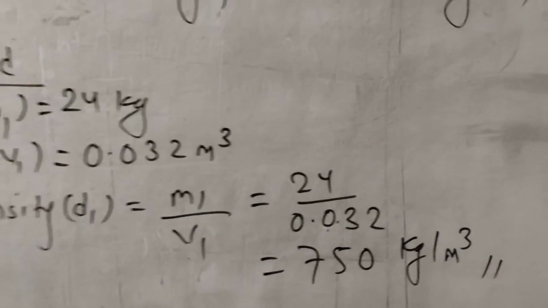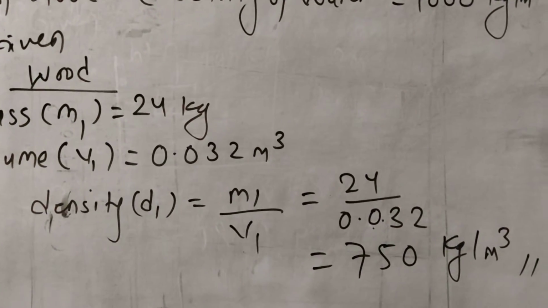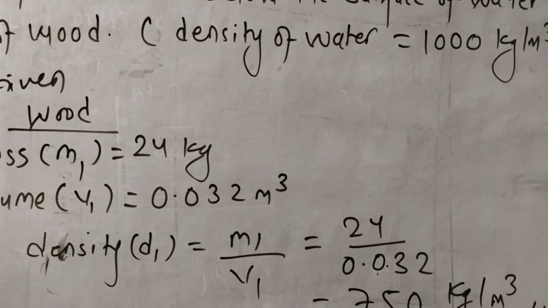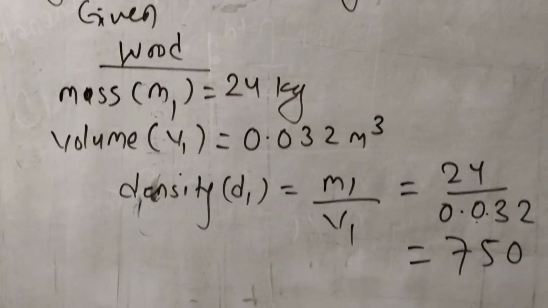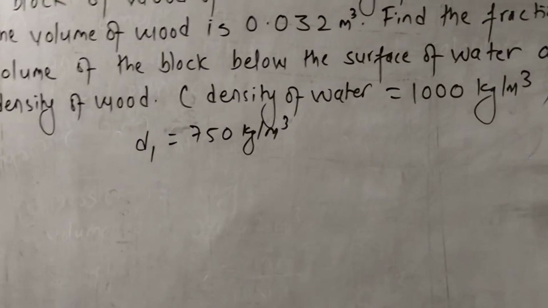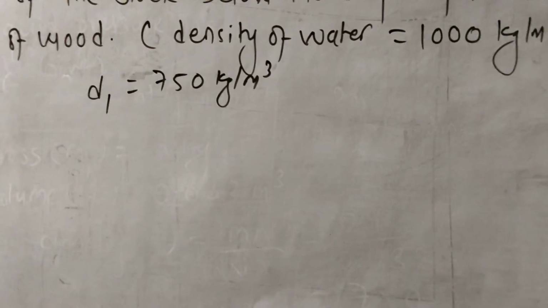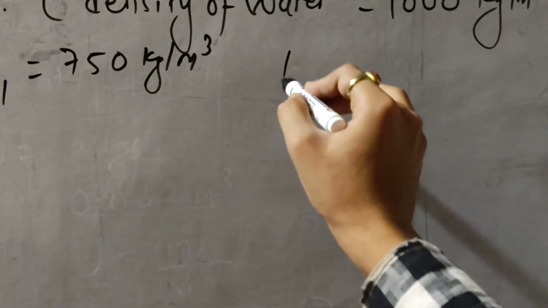This is the density of the wood. Now that we have the density, let's find out the fraction of volume. Before finding the fraction, we must know one thing: by the principle of flotation, what does it say?